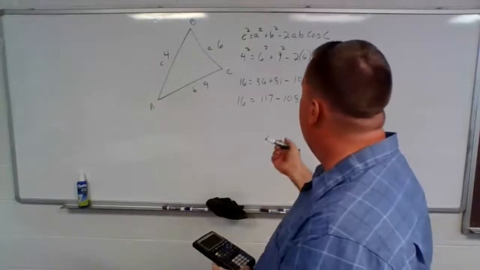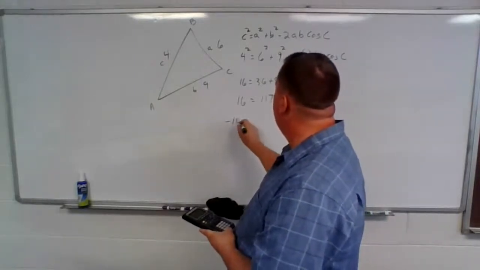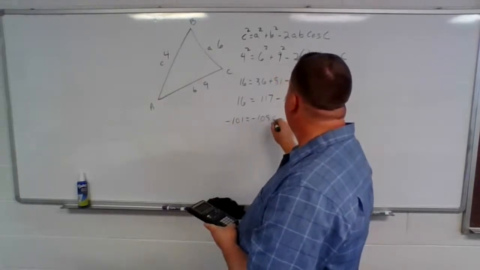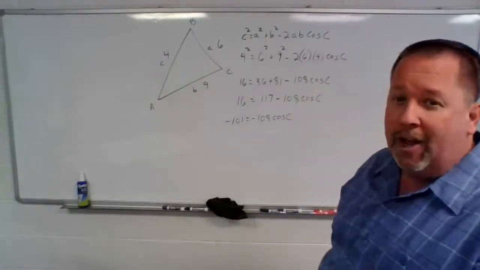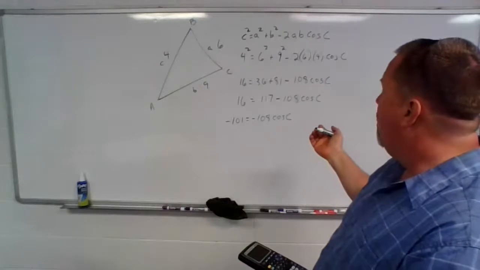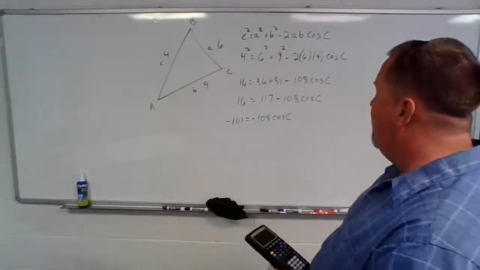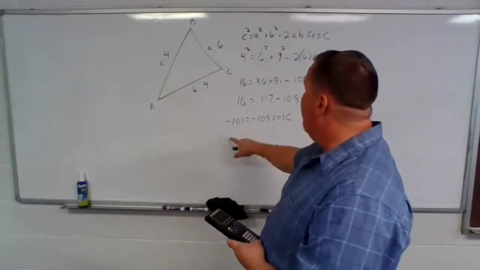Or negative 101. See, I'm the math teacher. Negative 101 equals negative 108 cosine C. Just doing algebra now. I'm going to divide both sides by negative 108.